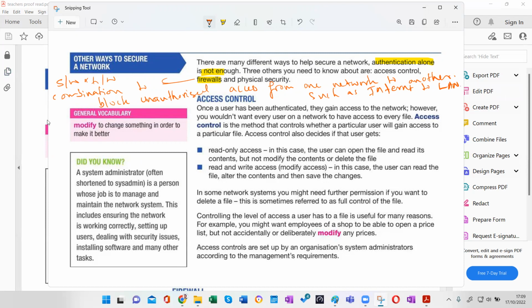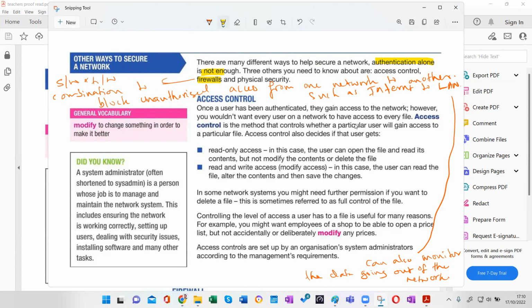So mainly it will block unauthorized access from internet to LAN, but at the same time, it can also monitor the data going out of the network.